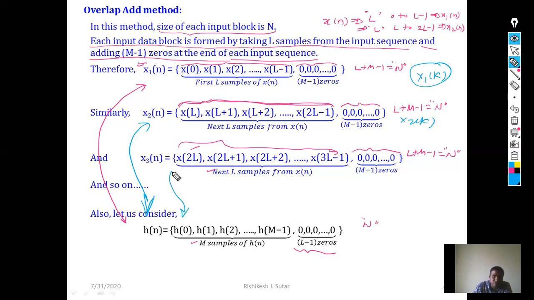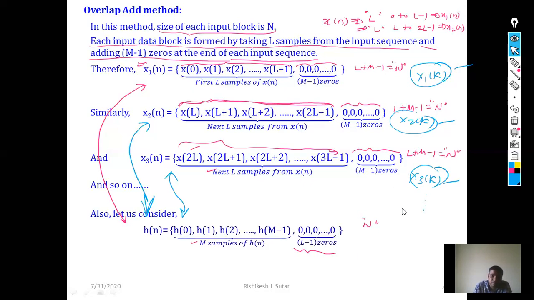If I consider x3 of n and h of n to find the DFT, then I will get x3 of k. So like this, I will get the DFT x1 of k, x2 of k, x3 of k, and so on. I can get the DFT of individual blocks like this. First block I will get DFT as x1 of k, second block as x2 of k, third block as x3 of k, and so on.